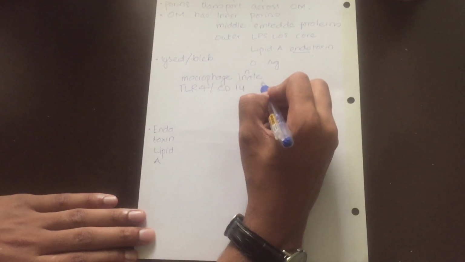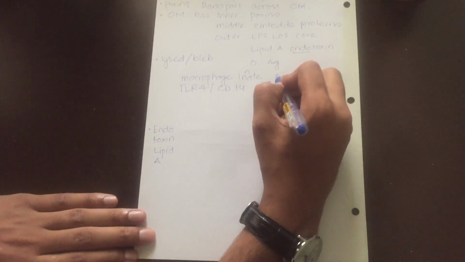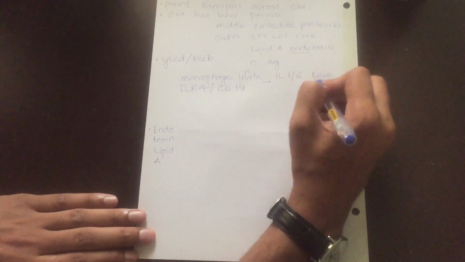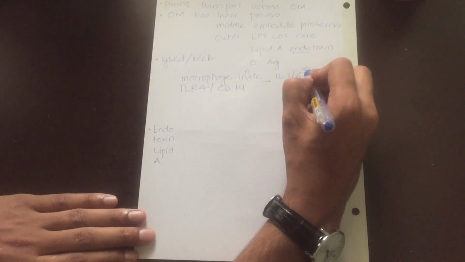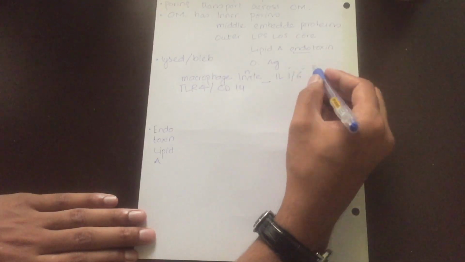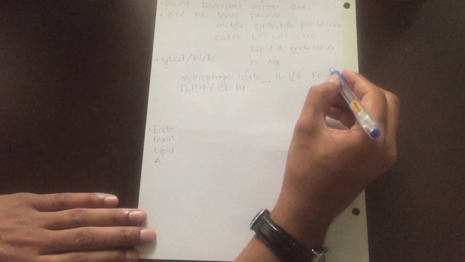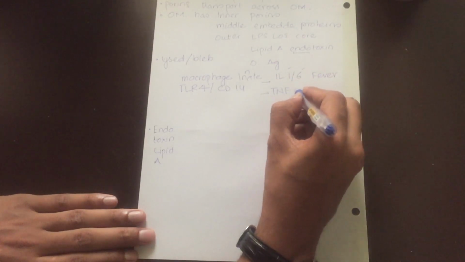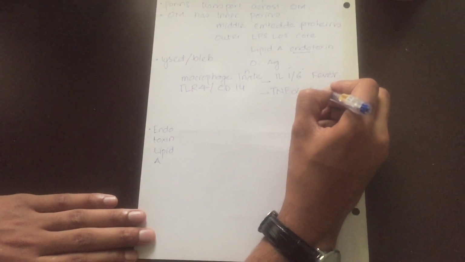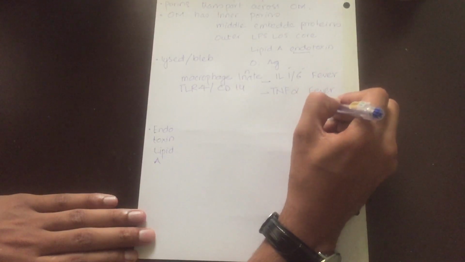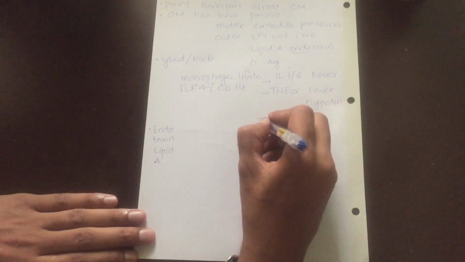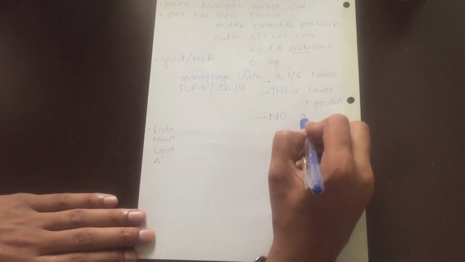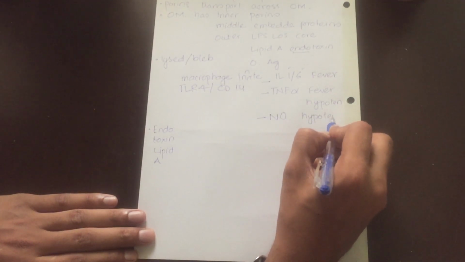These macrophages release interleukin 1 and 6, which are acute phase reactants and pyrogenic, so fever. Macrophages also release TNF alpha, which can cause fever and hypotension, and also macrophages release nitric oxide, important in hypotension.